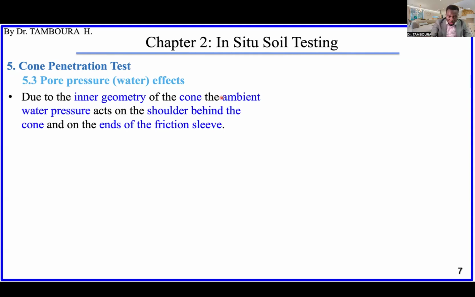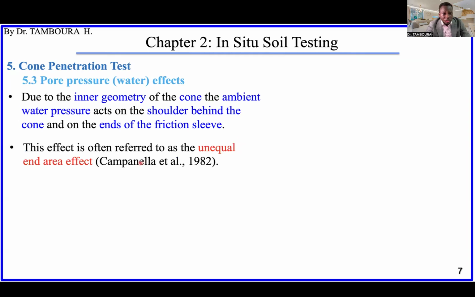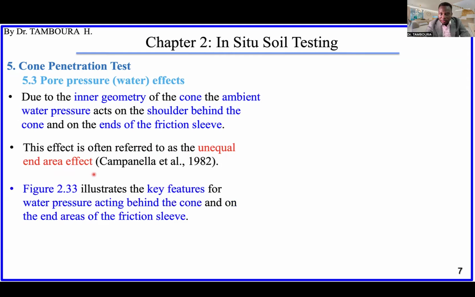Due to the geometry of the cone itself, the ambient water pressure acts on the shoulder behind the cone and the end of the friction sleeve. You will see an illustration soon. This effect is referred to as the unequal end area effect.